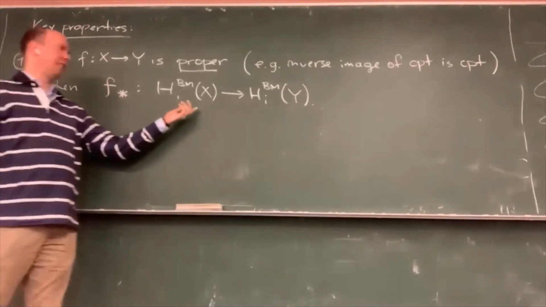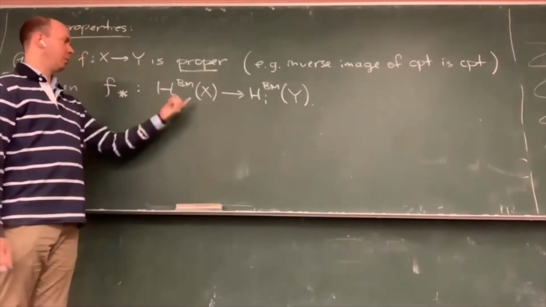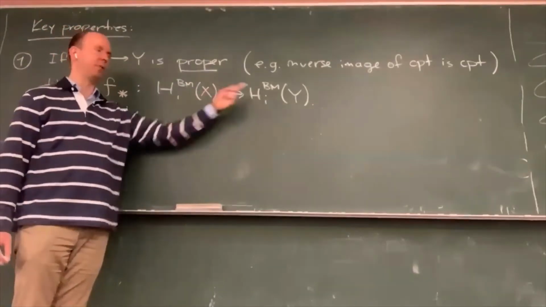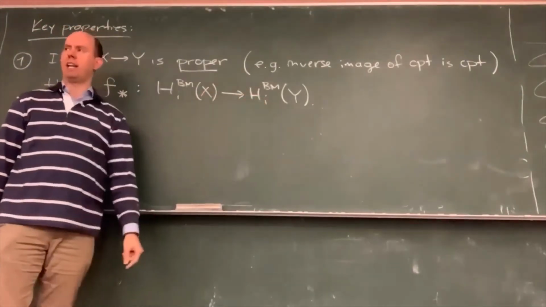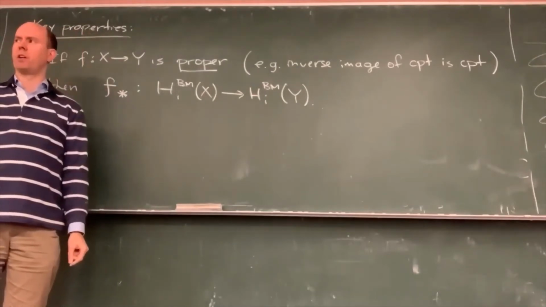It's relatively easy to understand why you have this sort of condition. When you define these push forwards, you want to take a chain in X and just map it under F to a chain in Y. And if your map is not proper, then the local finiteness condition won't necessarily be satisfied.